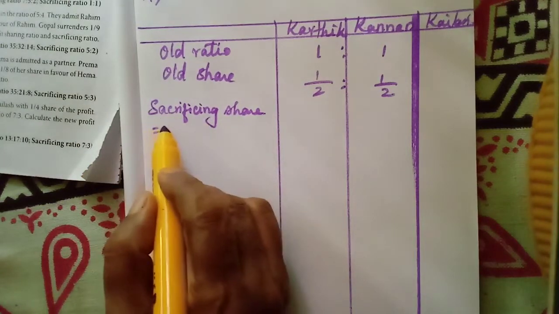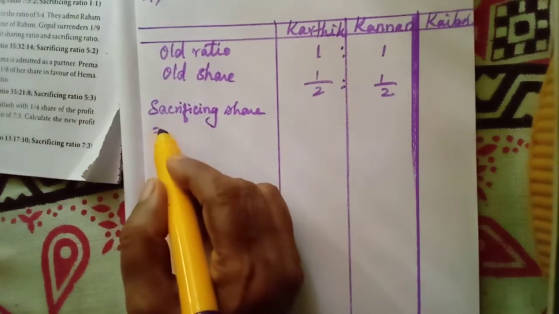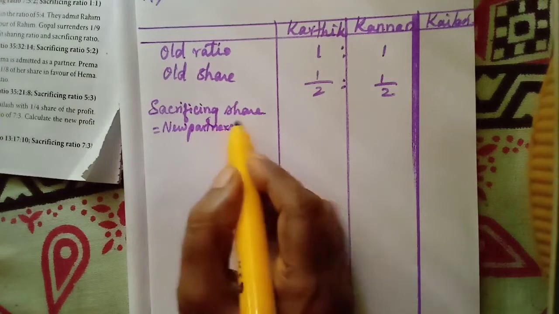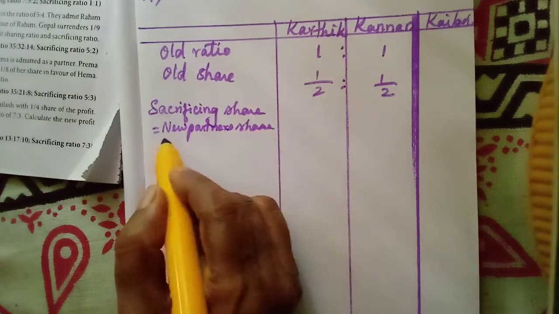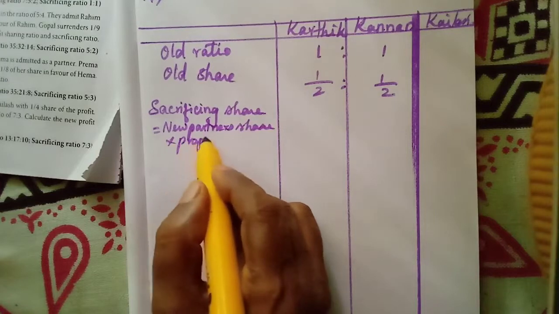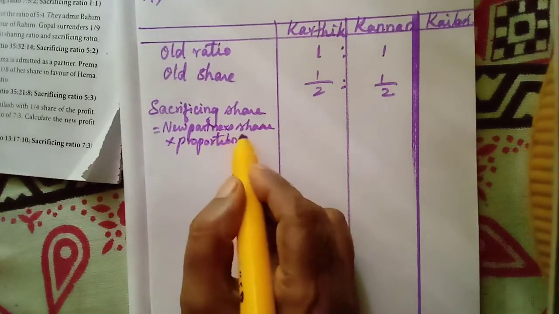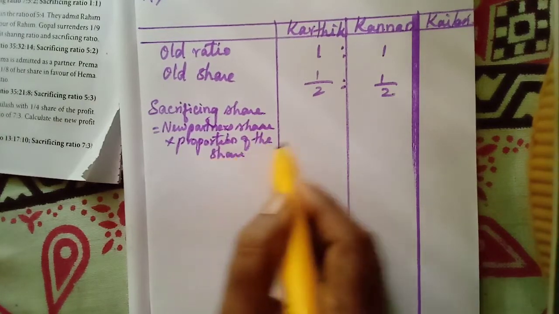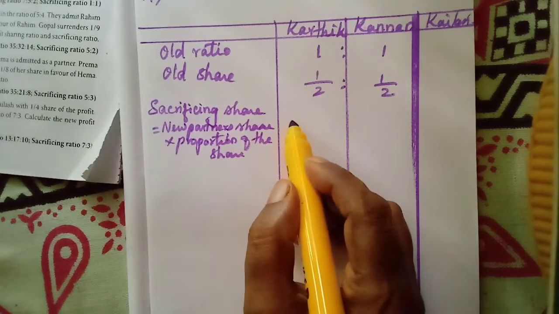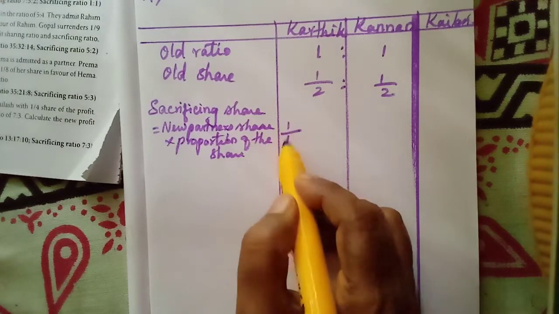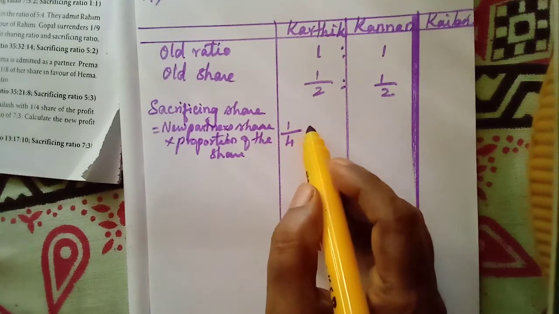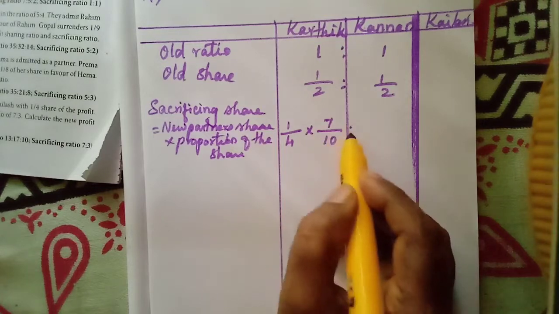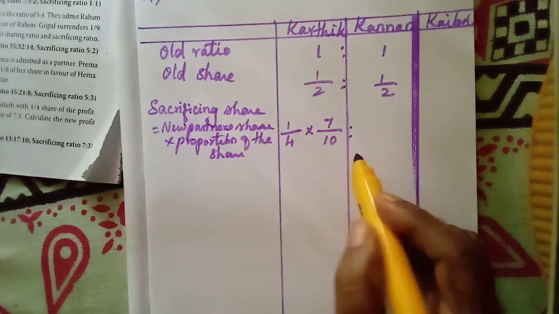Sacrificing share is equal to new partner share into proportion of share. New partner share 1 by 4, isn't it? Into what is the ratio? 7 by 10. In this one only they are sharing 7 by 10 and 3 by 10 of his new share.